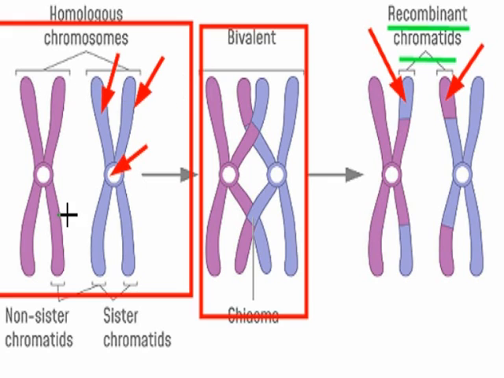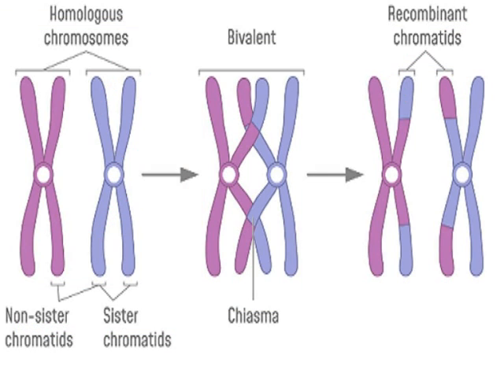But the chromatid of one pair and the chromatid of the other pair are non-sister chromatids. So now you understand what sister chromatids and non-sister chromatids are.